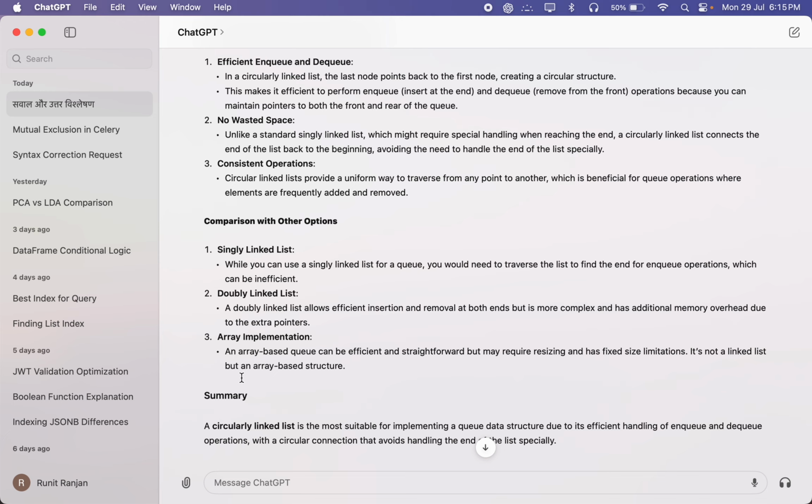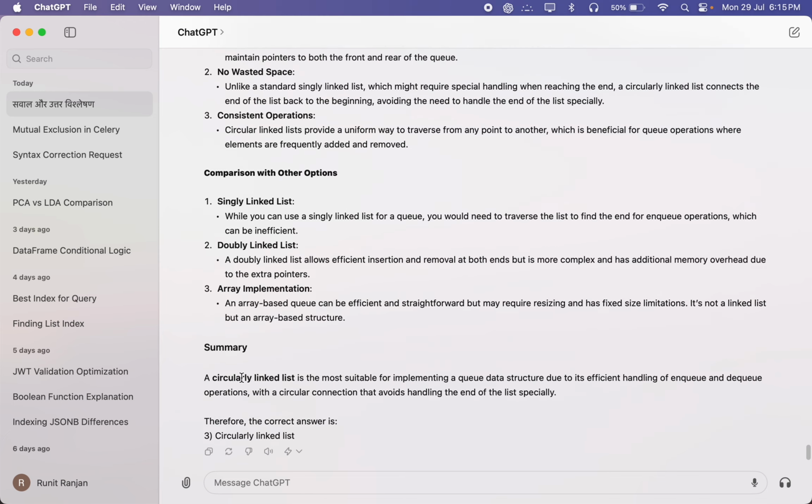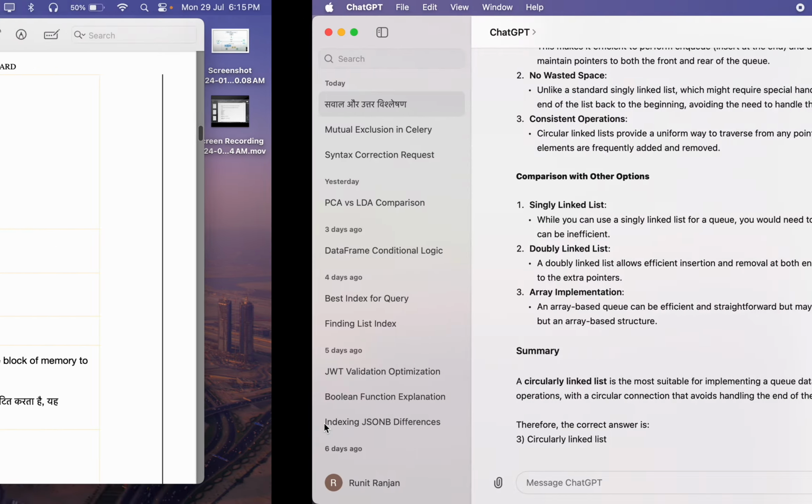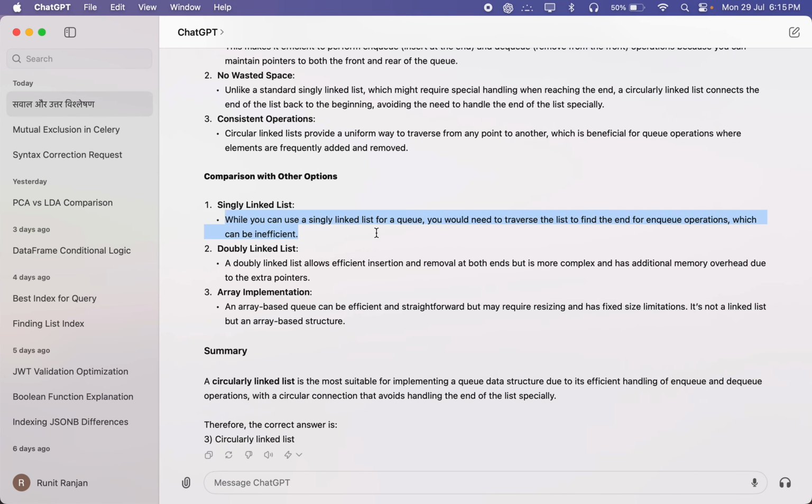It is not a single list, but an array-based structure. Why not single linked list? Because in order to delete an element, we'll have to go to the end of the linked list. That will take time.